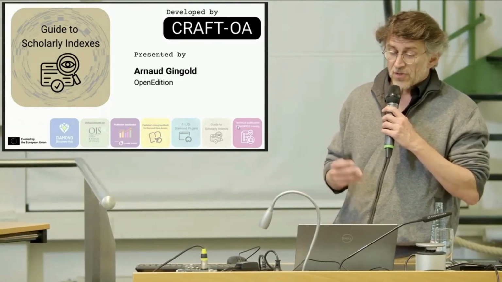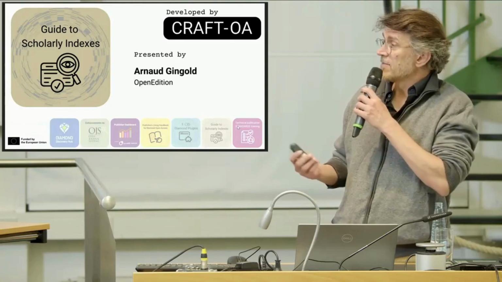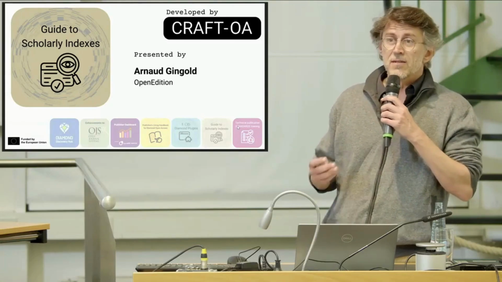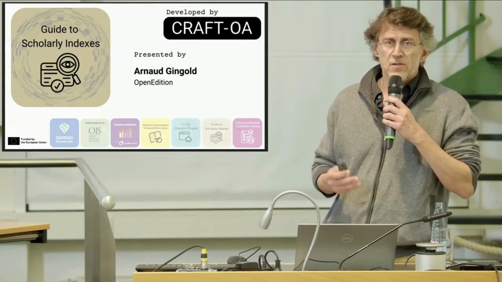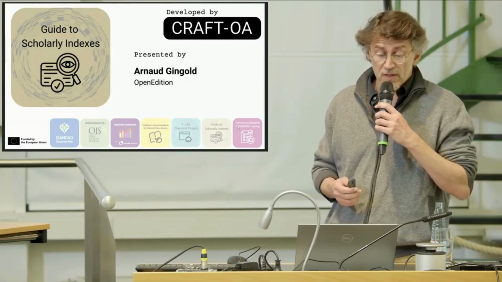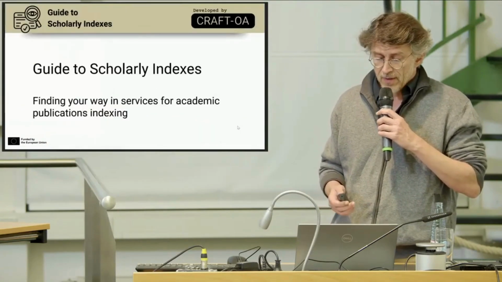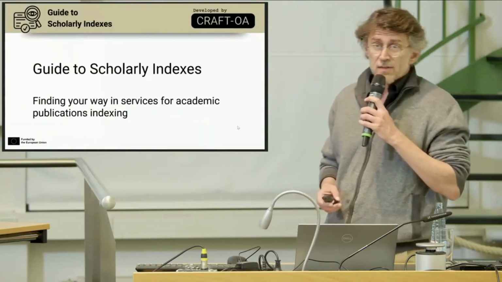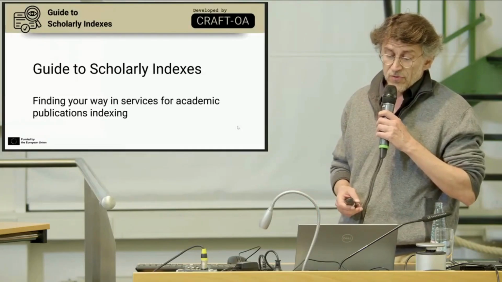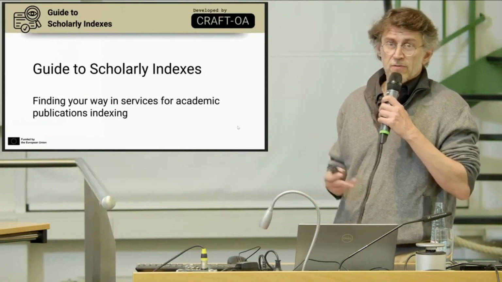So it's a guide to scholarly indexes, meaning it's a guide that describes the indexes or databases or any services referencing scholarly contents, that is academic publications. The main objective of this work was to help you, whoever you are.